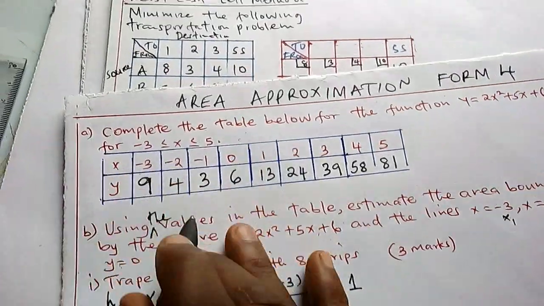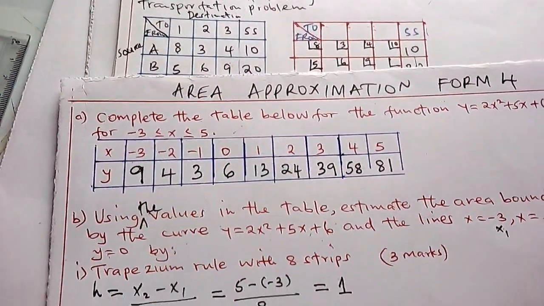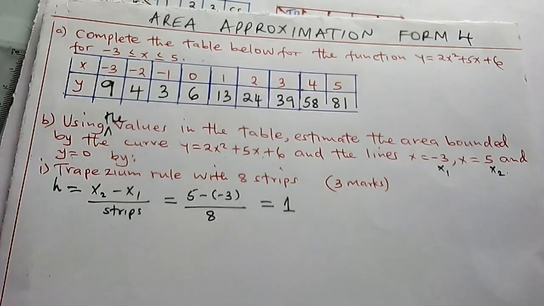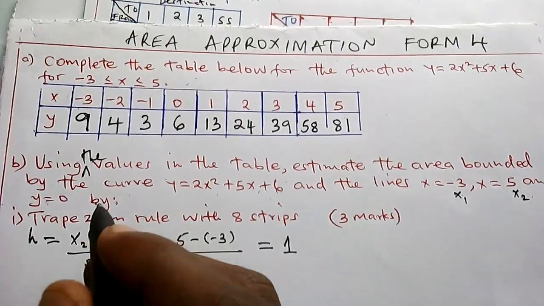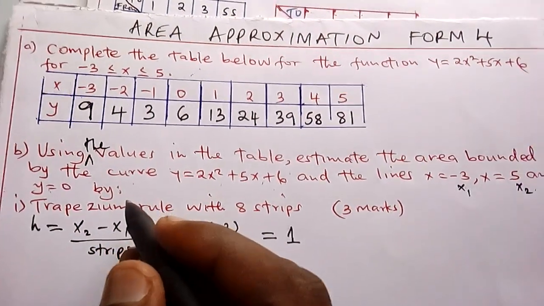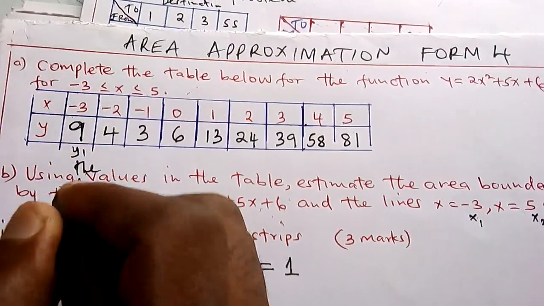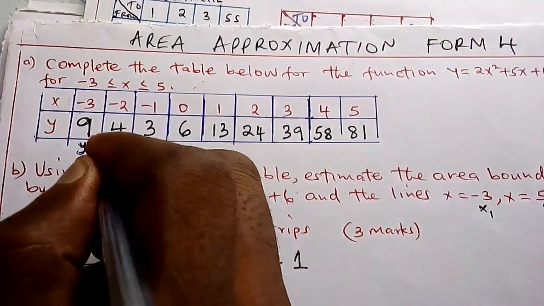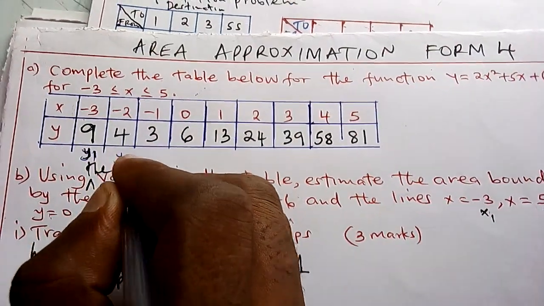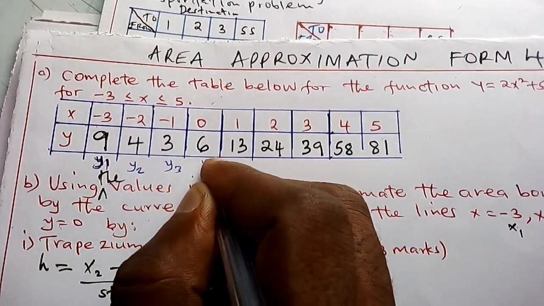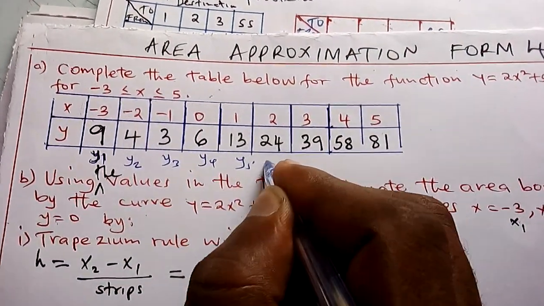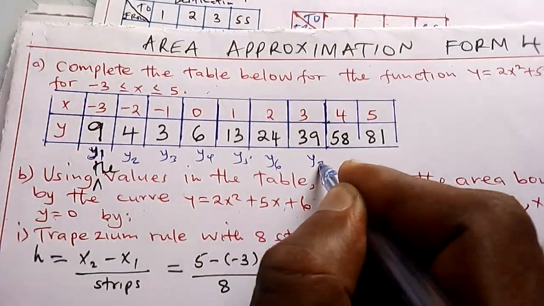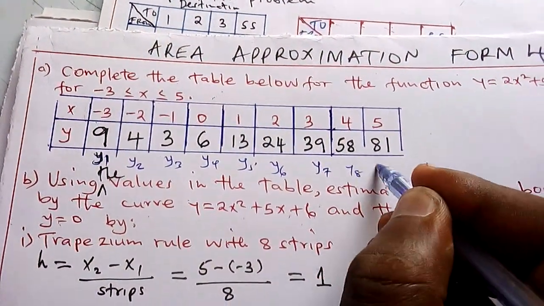Then remember the formula for getting area. So you can come here so that you have y1 from the table, y2, y3, y4, y5, y6, y7, y8 and y9.